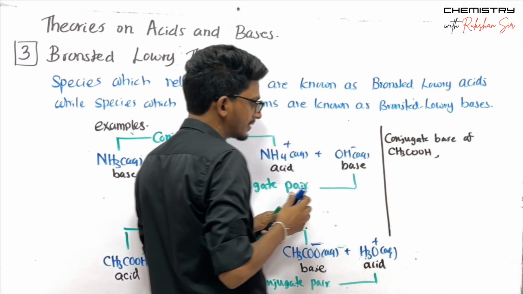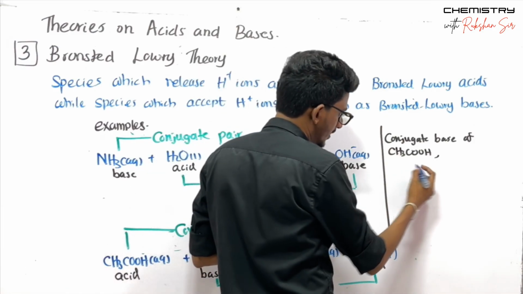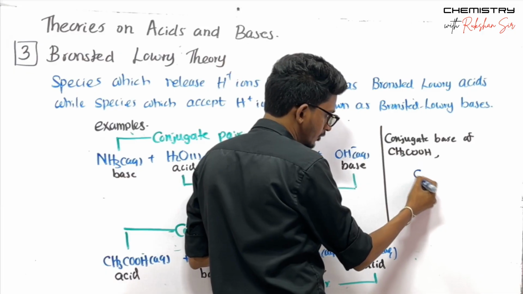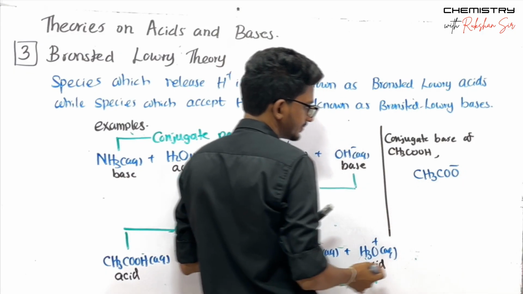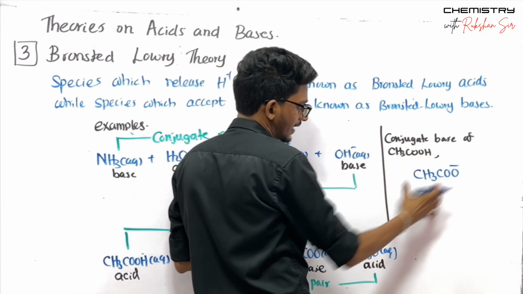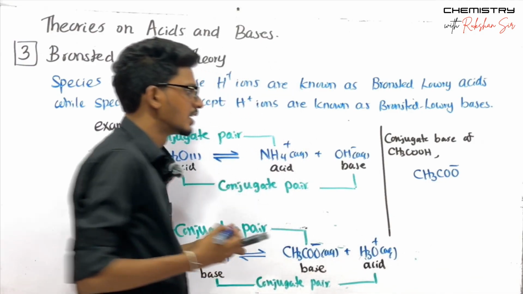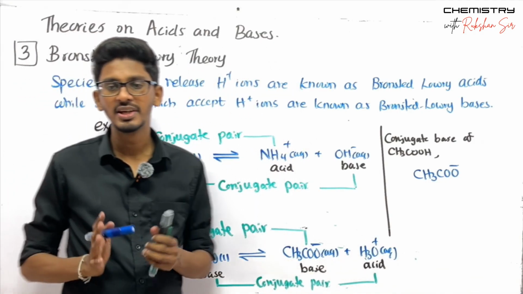That is your conjugate base. It is going to be CH3COO minus. That is how you are supposed to come up with the conjugate base of an acid.